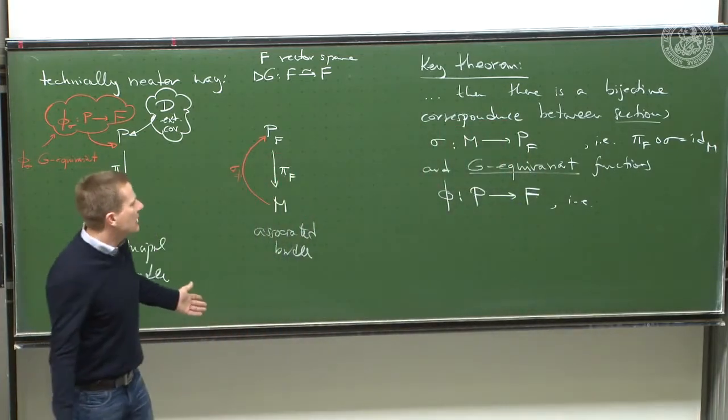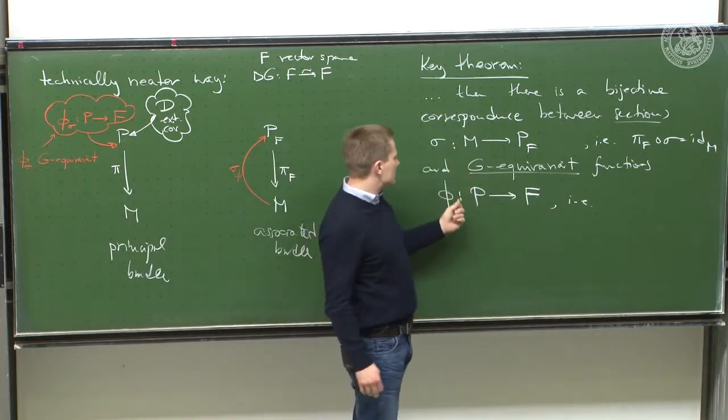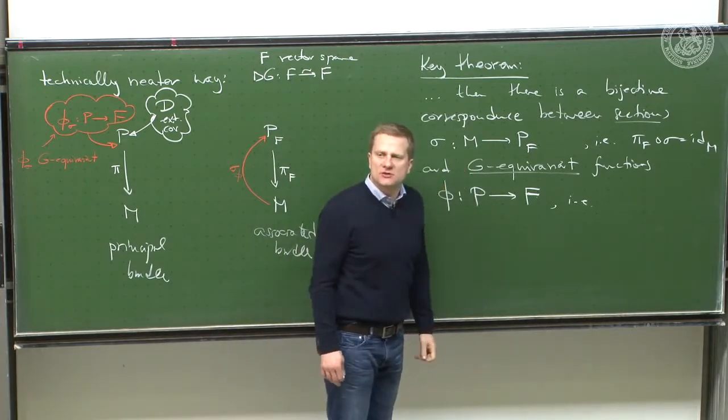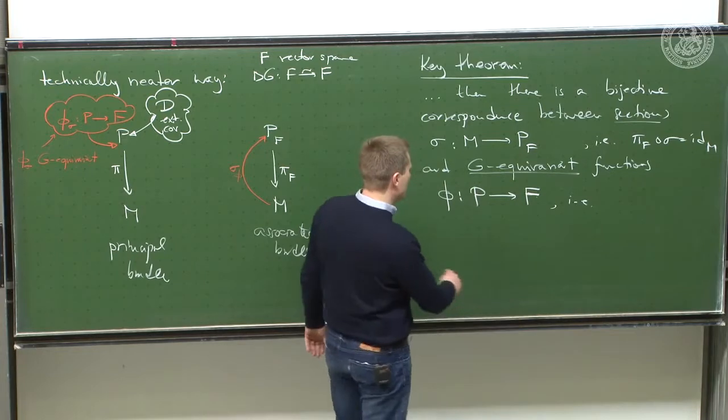Okay, what can it be? G equivariance, the phi must be compatible with the G actions in some way.